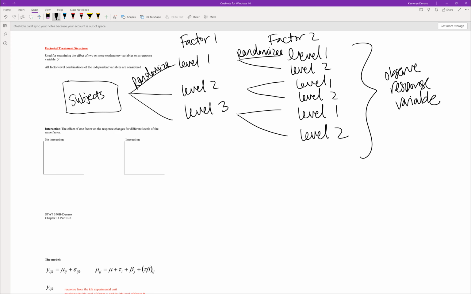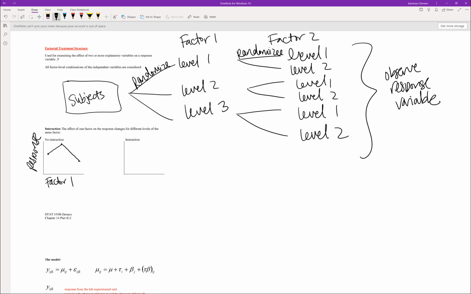One thing that you might be asking in this factorial treatment structure is whether the effect of one factor on the response changes for different levels of the other factor. So if we have no interaction, let's look at factor 1 and the response. If there is no interaction, let's suppose there are 3 levels, and we see a low, a high, and then low.